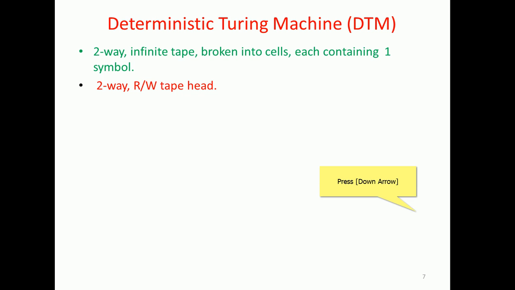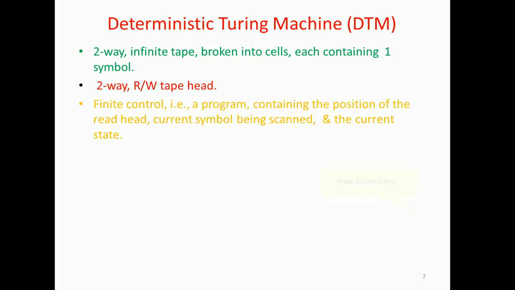A read write head will be there, and a finite control. The pointer always points to a particular cell in the tape, which accommodates a particular symbol. The program contains the position of the read write head, the current symbol being scanned, and the current state.